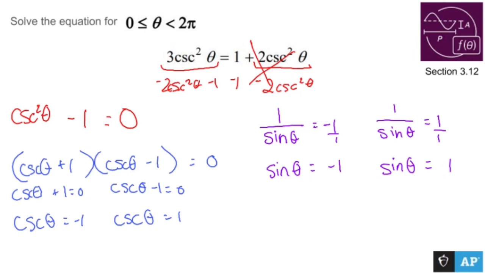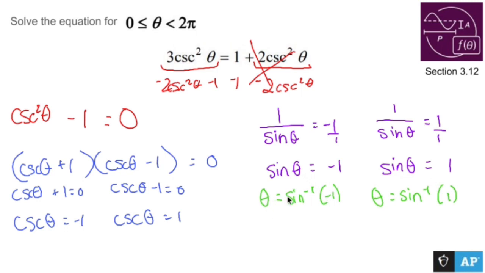If you inverse sine both sides, that allows theta to be all by itself. So if I inverse sine both sides, I now have theta equals the inverse sine of negative 1, and theta equals the inverse sine of positive 1.